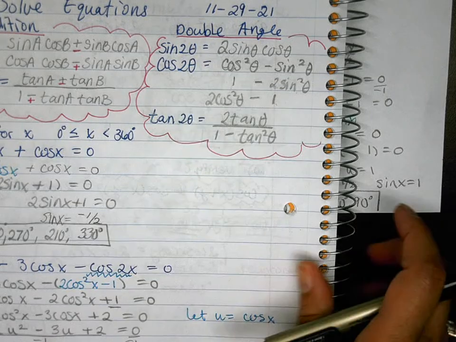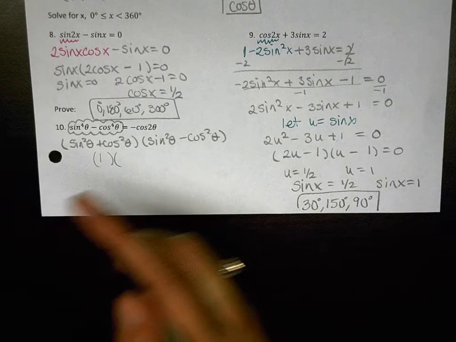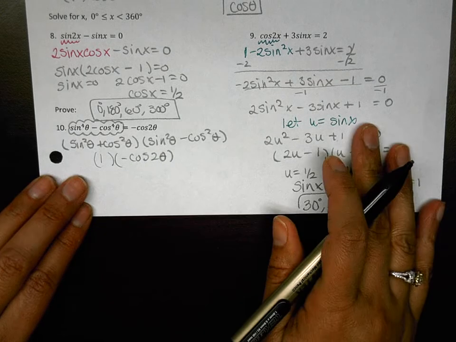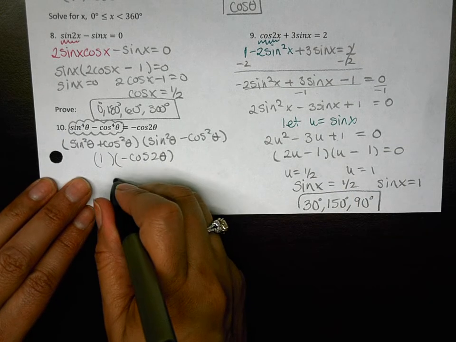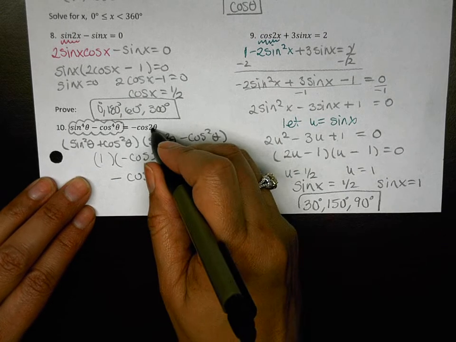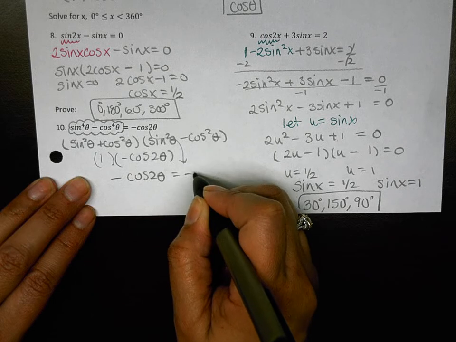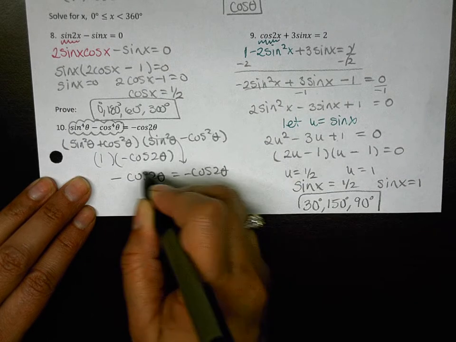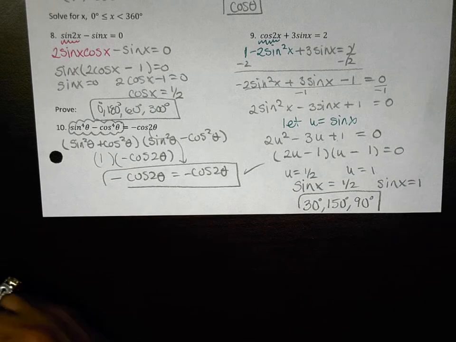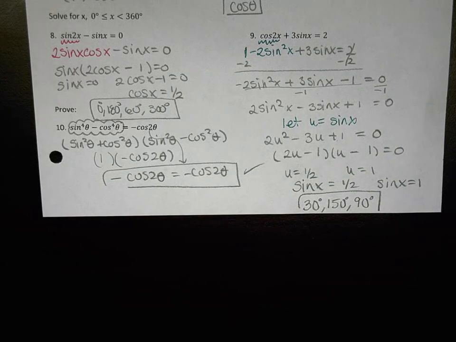Negative cosine 2 theta. What's 1 times negative cosine 2 theta? And is that what we're trying to verify? Any questions? Make sense?